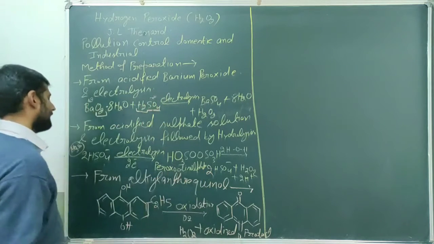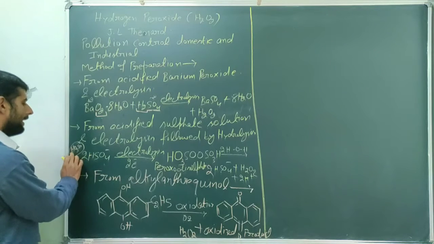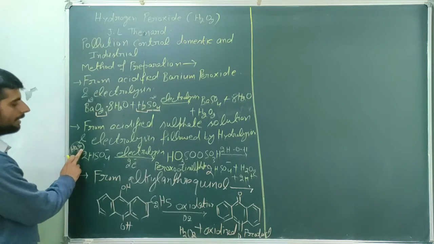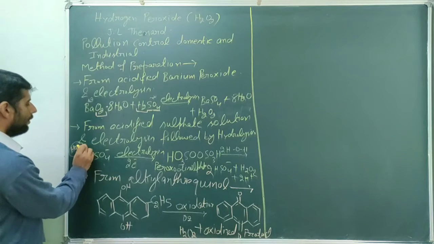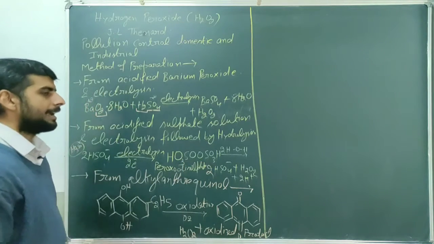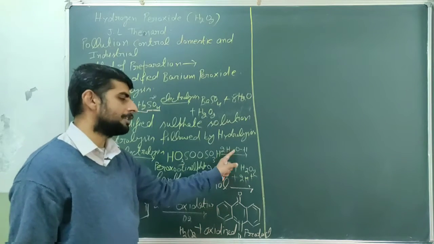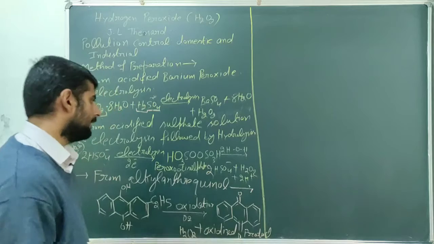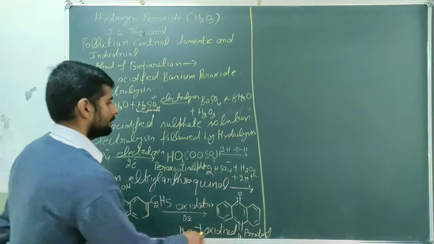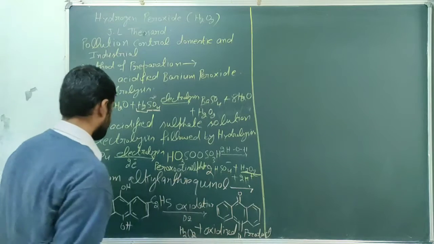I told you how to write it: write H in the form of HO3SO, and the other molecule OSO3H, then you form peroxodisulfate. After electrolysis you have to do hydrolysis. Hydrolysis means addition of water, so you add HOH. When you add HOH, you get H2O2 and 2HSO4 minus as it is.